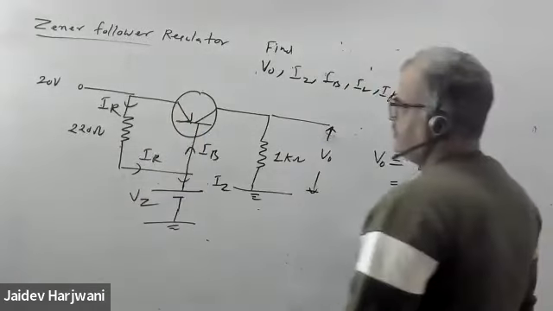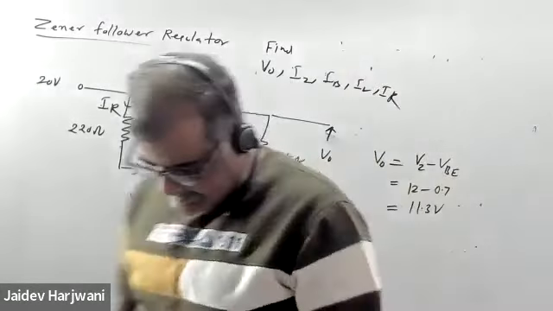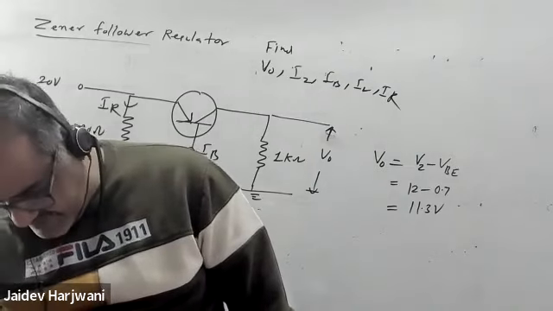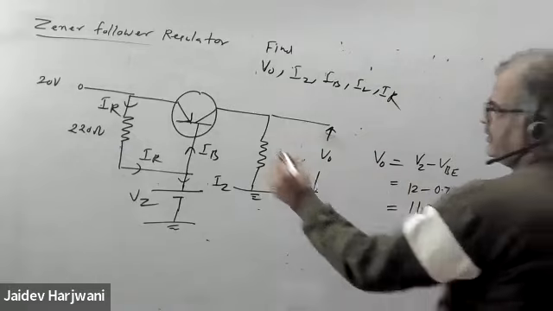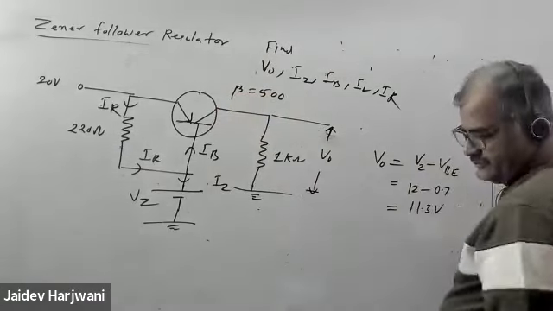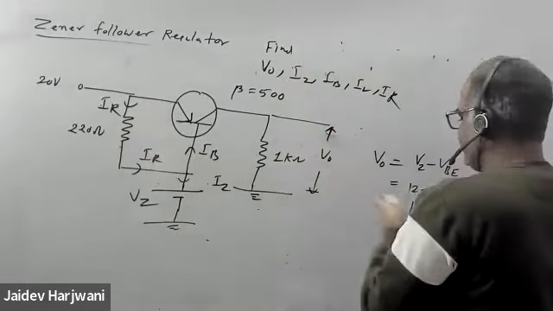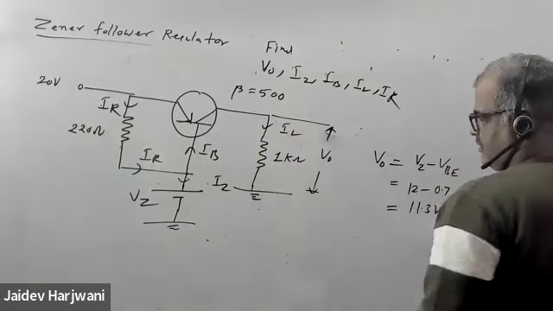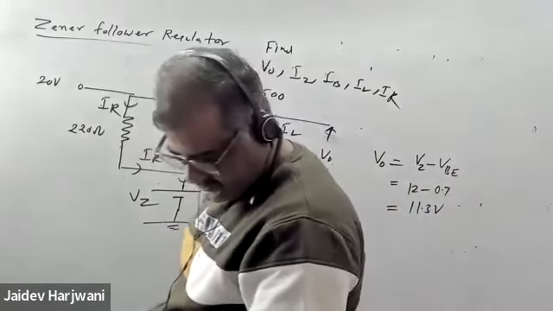What is the beta value for this question? Beta value is 500. First calculate I, or you can also find IL first.